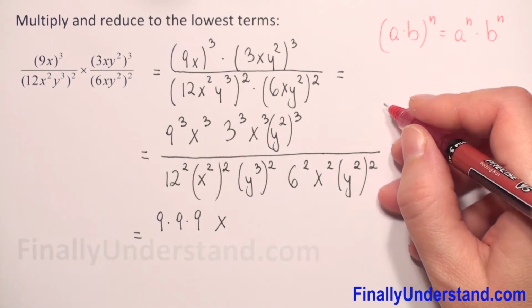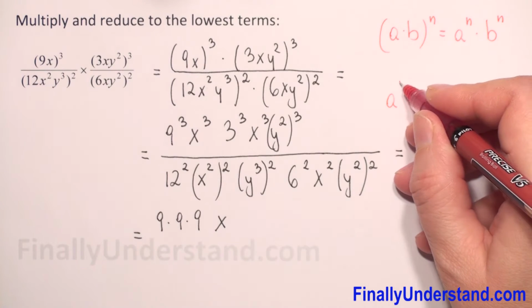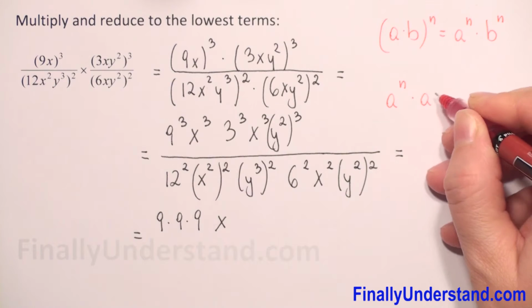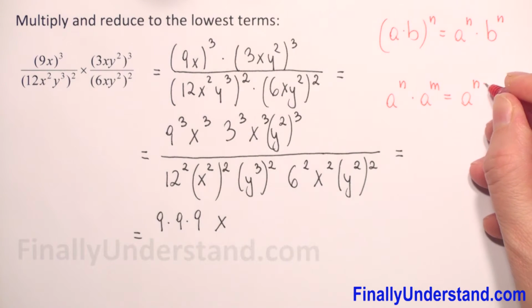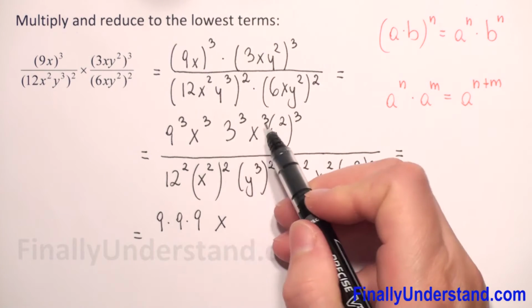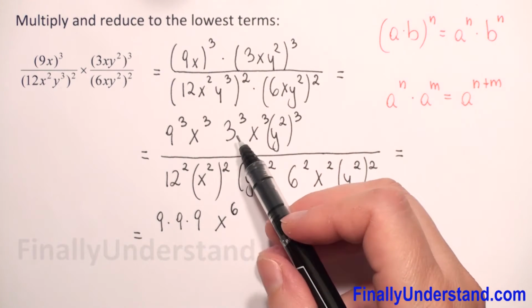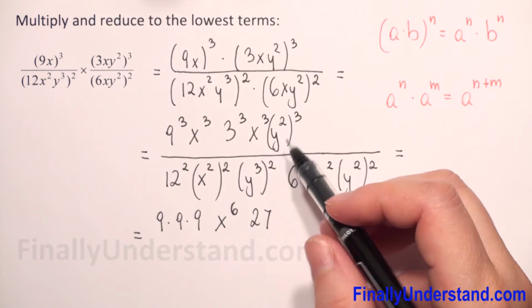Now I will use the property that a to power n times a to power m is equal to a to power n plus m. We copy the base and we have to add exponents. So we have x, and 3 plus 3 is 6. And we have 3 to third power, this is 27.